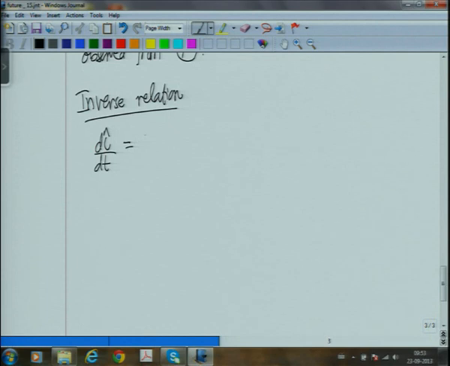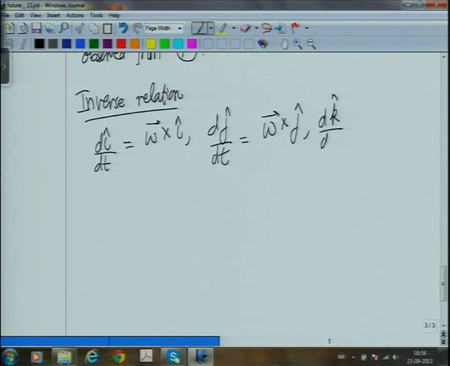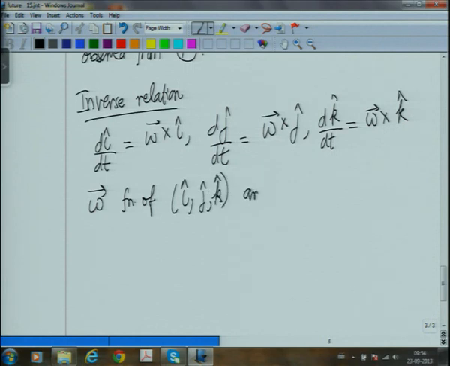So, now di by dt we write as omega cross i, dj by dt is equal to omega cross j, dk by dt is equal to omega cross k. Now, that means omega is a function of i, j, k and di by dt, dj by dt and dk by dt.